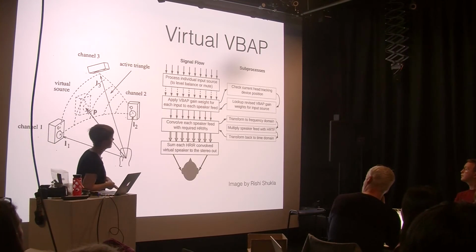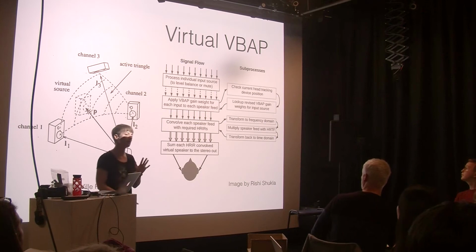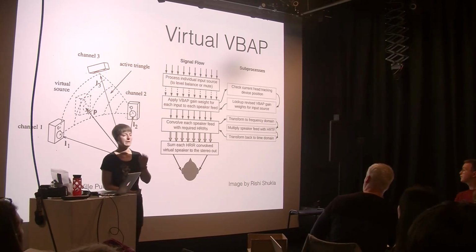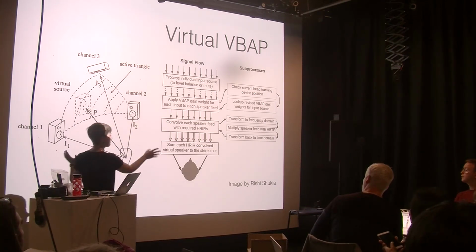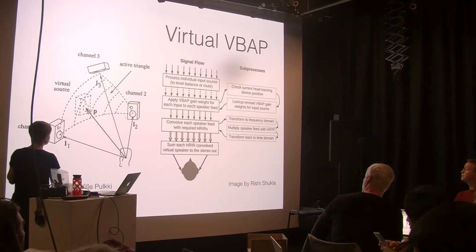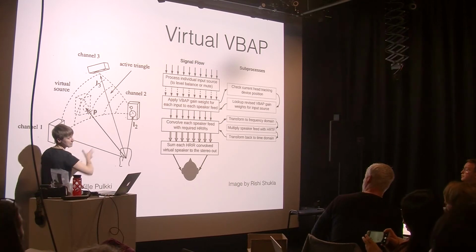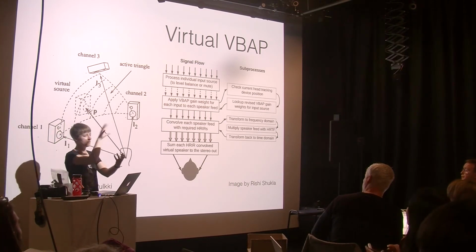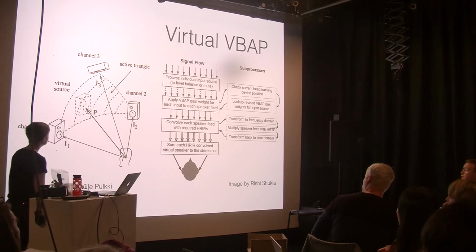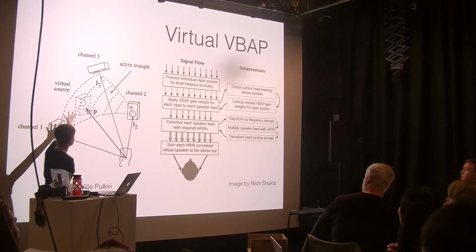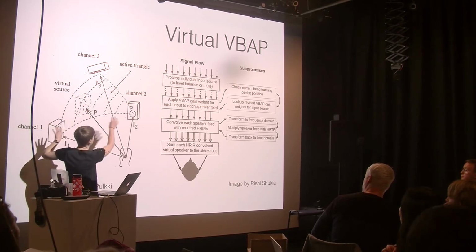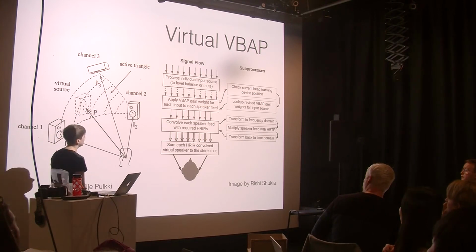Instead, we're going to be working with something called virtual VBAP, which is vector-based amplitude panning. It's taking that same kind of stereo panning theory, but instead of having pairs of loudspeakers, we have triangles of loudspeakers that you can tessellate to make a multidimensional sound space. You can have an image of a sound source in between these different loudspeakers.